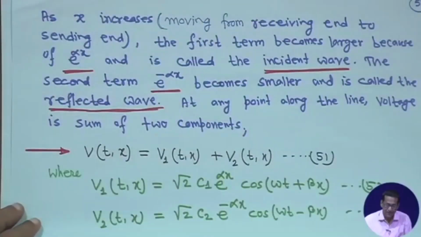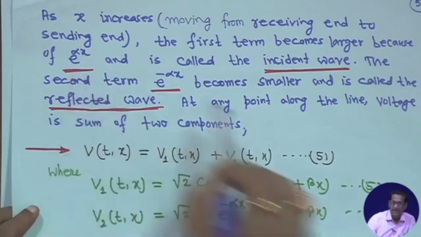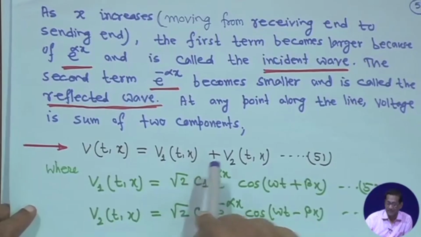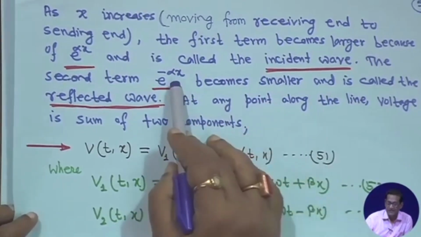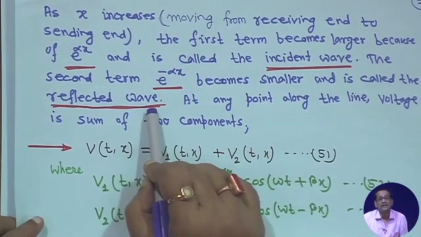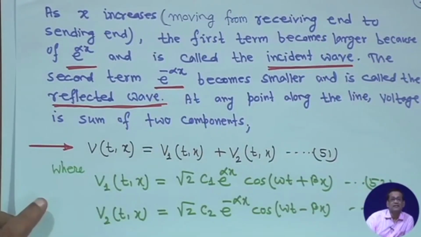That is why the first term becomes larger, and it is called the incident wave. The second term, e to the power minus alpha x, becomes smaller as x is increasing, and this is called the reflected wave. So, one is the incident wave, another is the reflected wave.